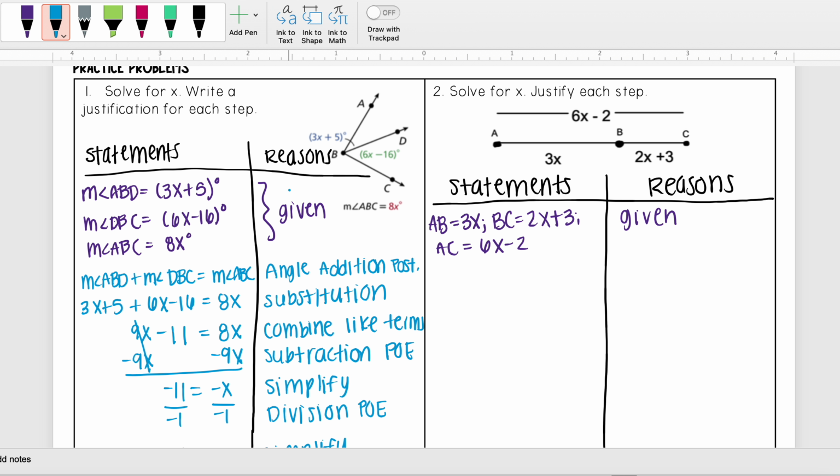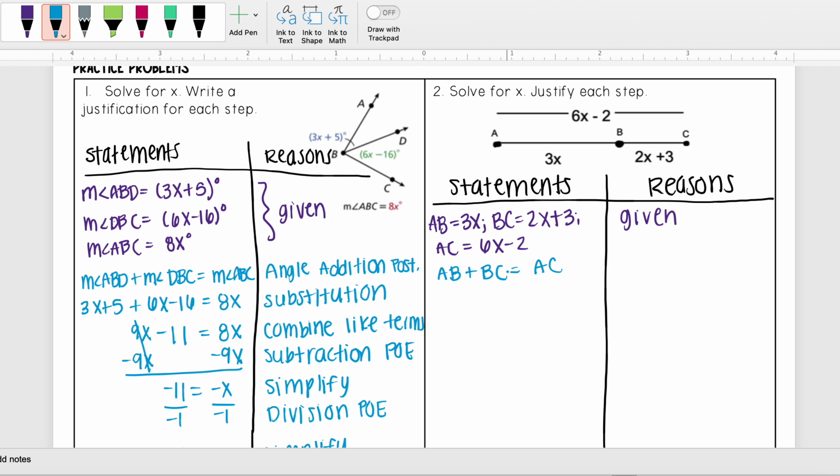Now we need to actually solve for x. And so we learned in our first unit that the 2 parts here, AB plus BC, is going to equal the whole. So I'm going to first write that. So AB plus BC is equal to AC. You need this first step here. You can't just skip to 3x plus 2x plus 3 equals 6x minus 2, because that is not following the proof.